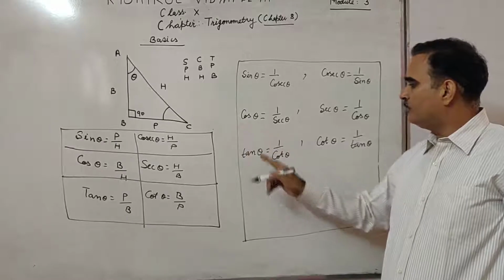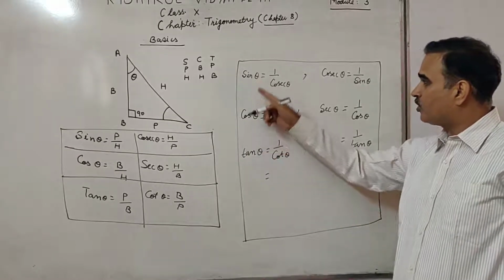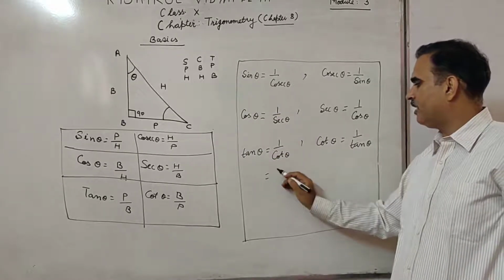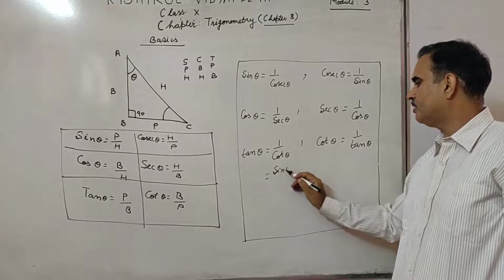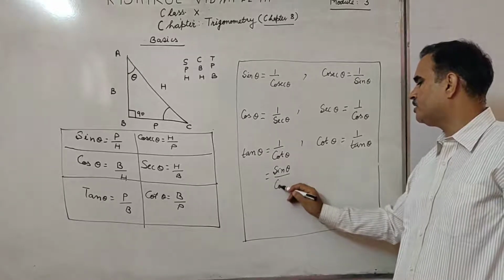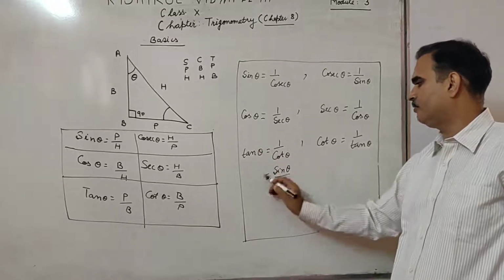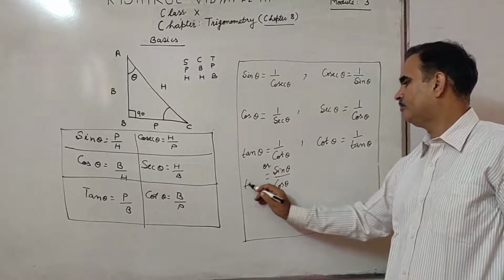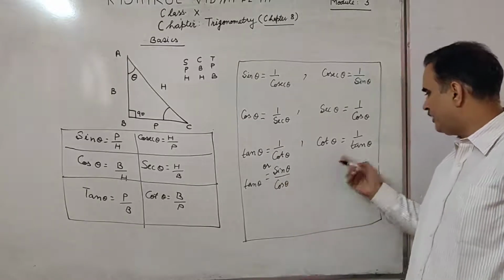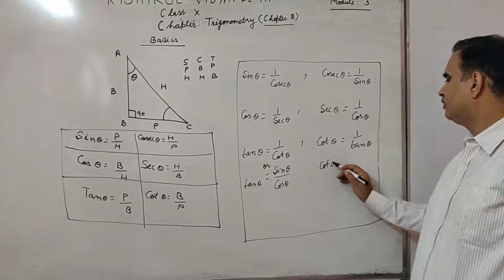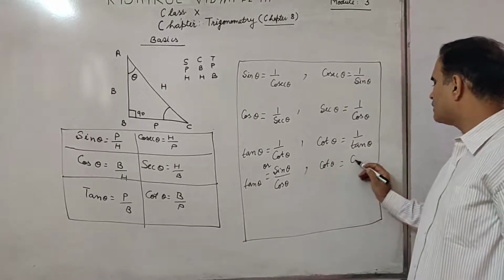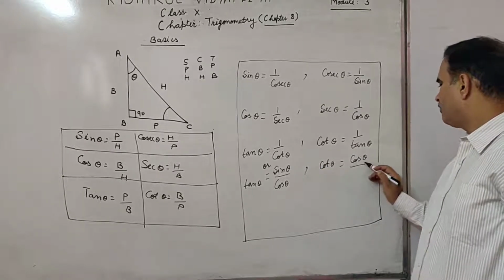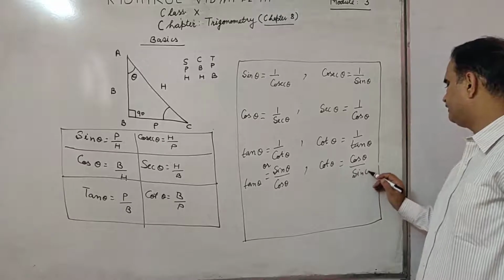As I told you, dividing sine upon cos, we get tan theta. I told you before this. So we can write sine theta upon cos theta is tan theta, and the inverse, cot theta, is cos theta upon sine theta.